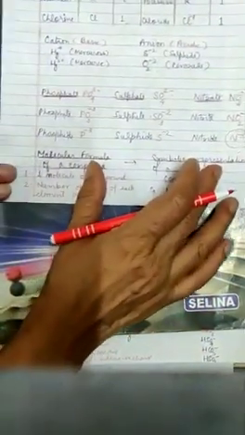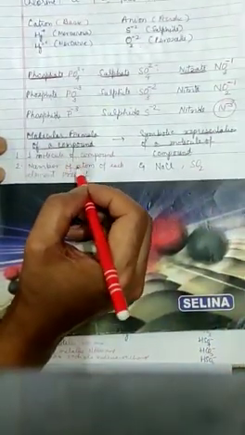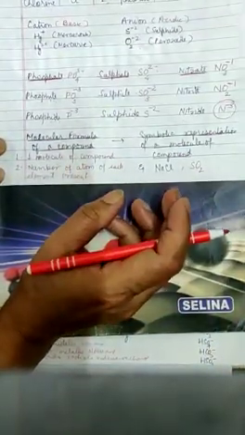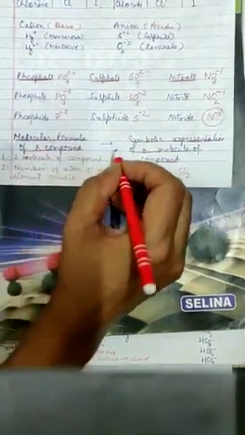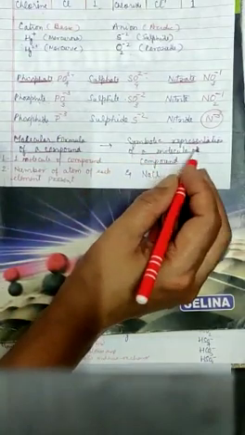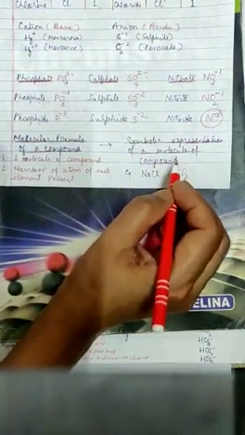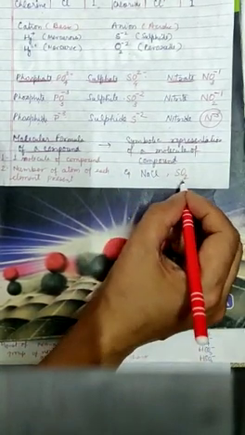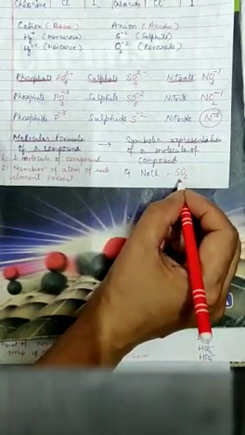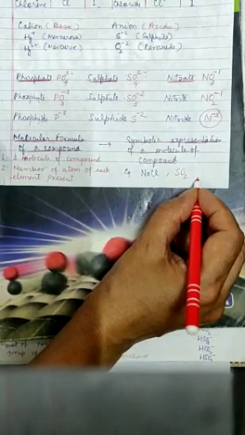Children, in the next period, we'll discuss how to frame formulas of compounds. I hope you understand. The molecular formula of a compound means the symbolic representation of one molecule of the compound. Like NaCl is the molecular formula of sodium chloride, SO2 is the molecular formula of sulfur dioxide.